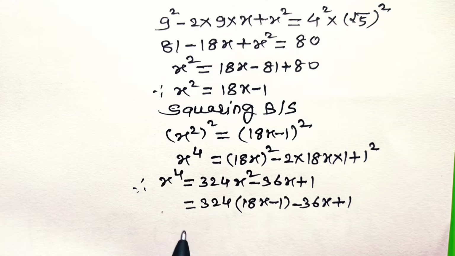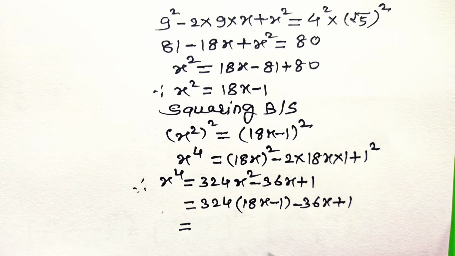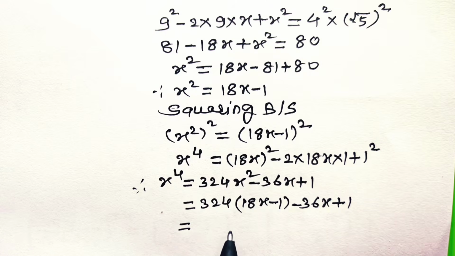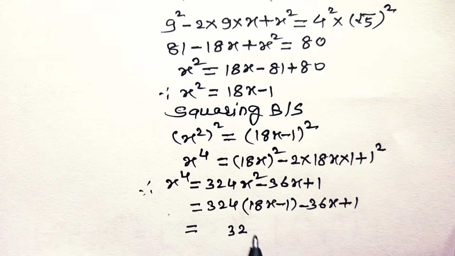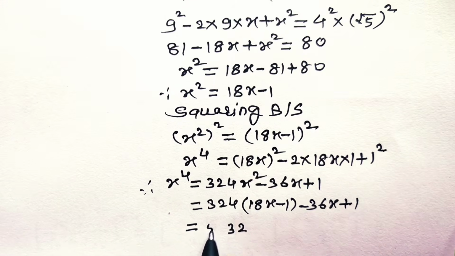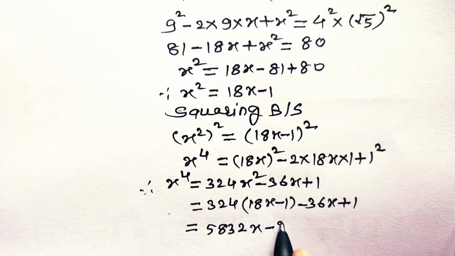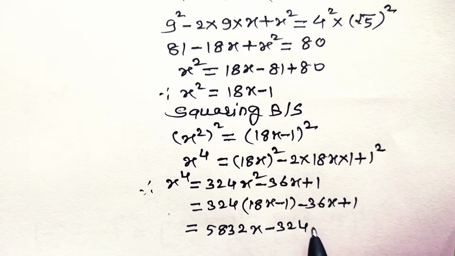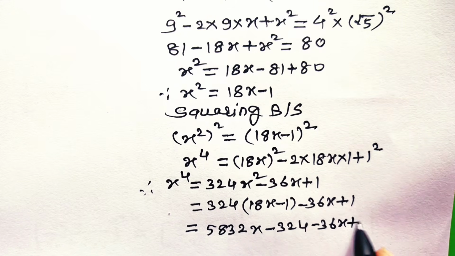So this is equal to 18 into 324. 18 fours are 72, 18 twos are 36 plus 7 is 43. 18 into 3 is 54 plus 4 is 58. x minus 324 minus 36x plus 1.